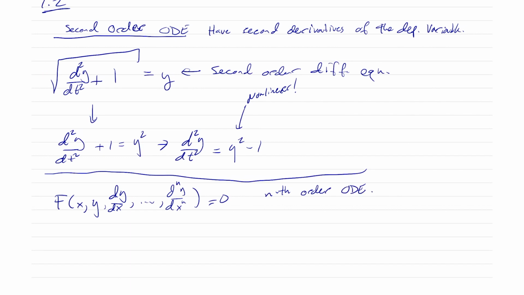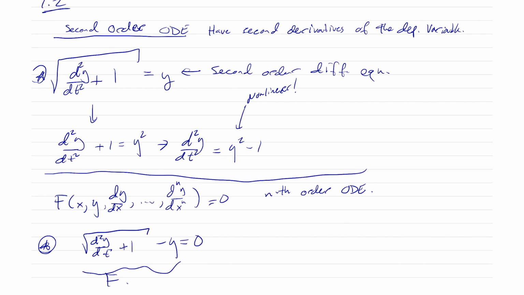So in the first case, basically I could take, say we call this star, then if we want to show this, we'd have, move everything over to one side, we'd have square root of d squared y/dt squared plus 1 minus y is equal to 0, and this would have been our big F.